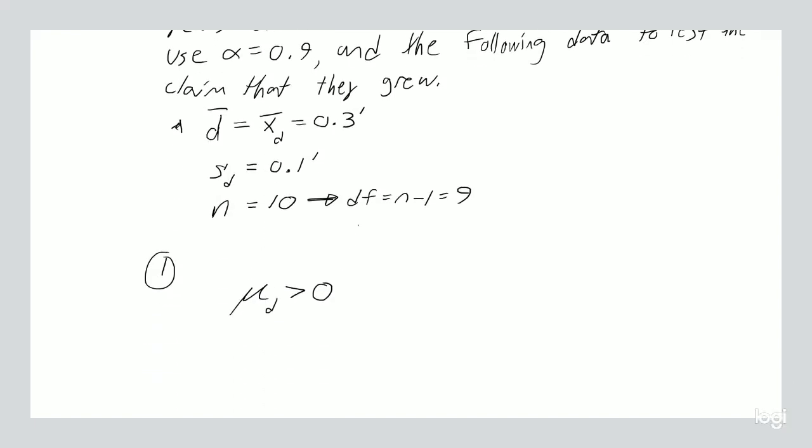So it's claimed that they grew. So that difference is greater than 0. So our null hypothesis is going to be that they didn't grow. That difference is either 0 or less than 0. Okay? And that's step 1, done.